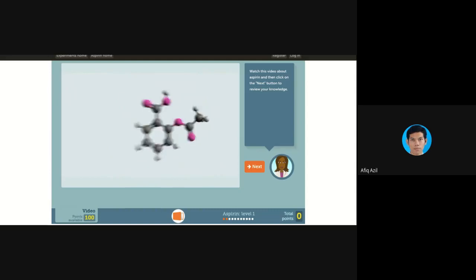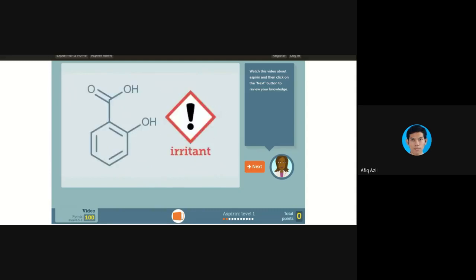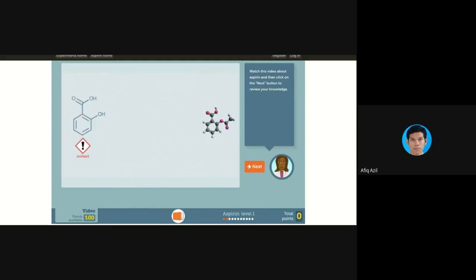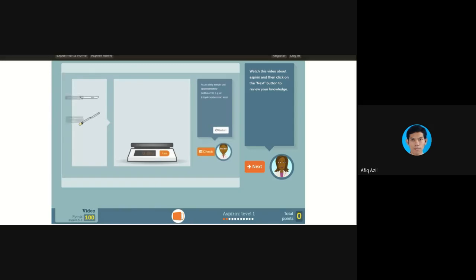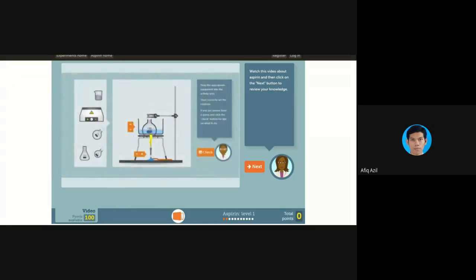Aspirin is created using a compound called 2-hydroxybenzoic acid by esterification with ethanoic anhydride under acid-catalyzed conditions. The chemical name for aspirin is 2-ethanoyl oxybenzene carboxylic acid. In this activity, you'll learn how to synthesize aspirin. You'll get to set up and run your own experiments and work out how much aspirin you produced.